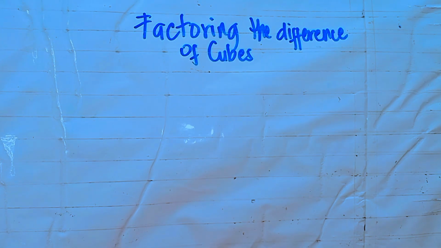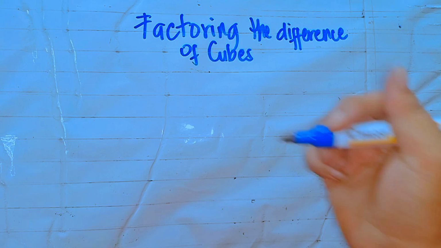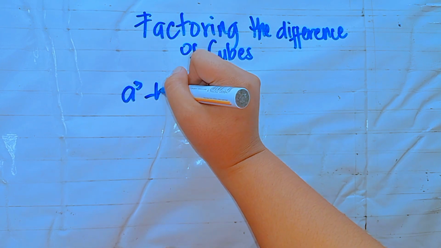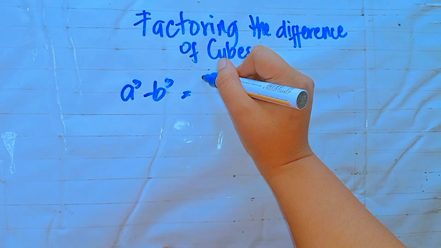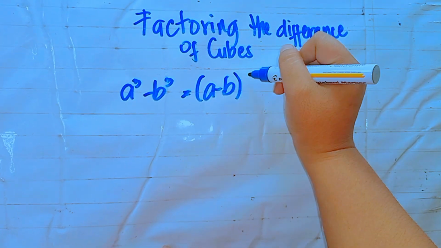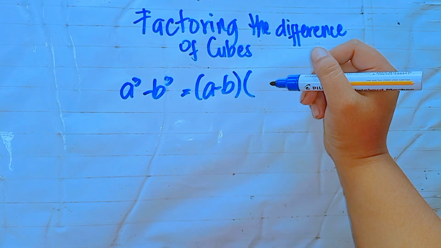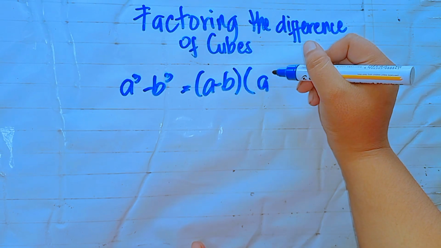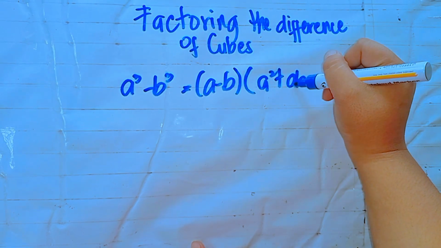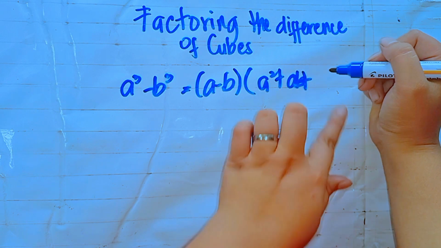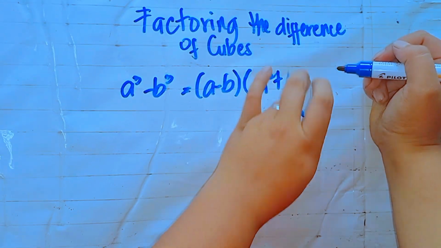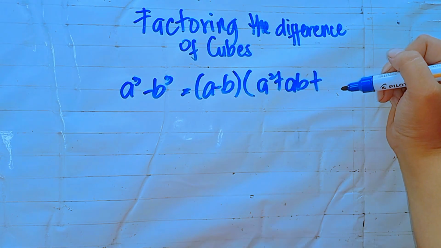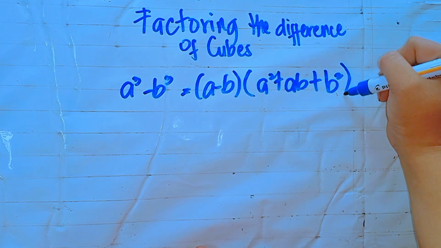Let's proceed to factoring the difference of cubes. We have the formula of a cubed minus b cubed is equal to (a minus b) multiplied by (a squared plus ab plus b squared).